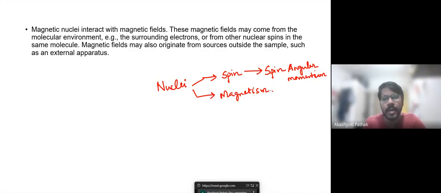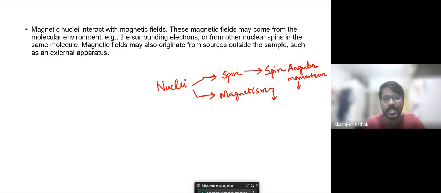And what happens is anything that is spinning will also result in the formation of a magnetic field around it. So the nucleus also has a nuclear magnetism, which gives rise to the property of nuclear magnetic moment.